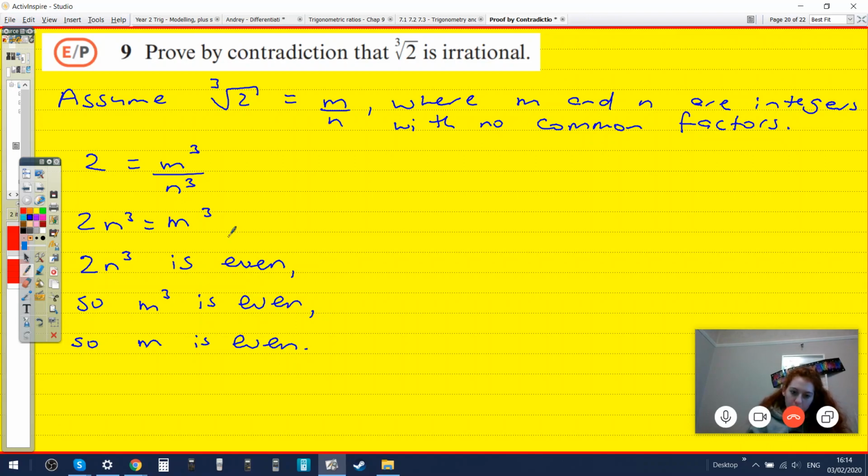So then would we say that because they're even, they have common factors? How can you write any even number? Oh, can we write 2n? Yeah. Written in the form 2n. And then you can sub that in.